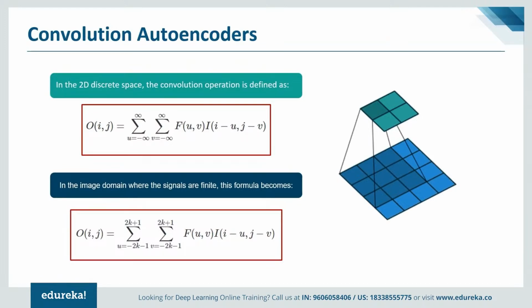And in the image domain where the signals are finite, this formula becomes as such, where O of ij is the output pixel in position i and j, and 2k plus 1 is the side of a square, that is the odd convolutional filter. F is the convolutional filter and I is the input image. This operation is done for every location of the input image that completely overlaps with the convolutional filter.